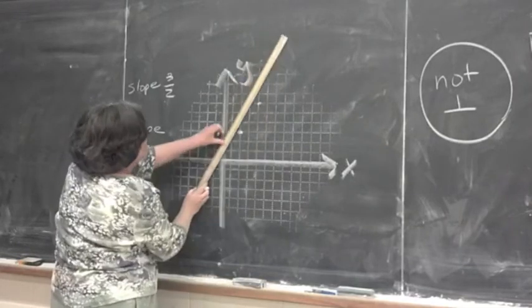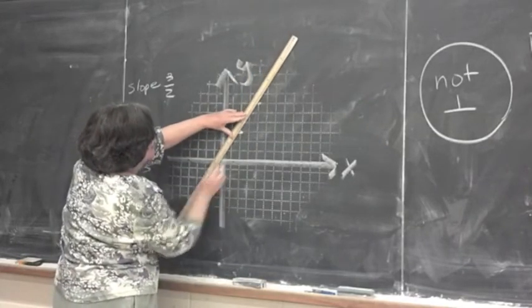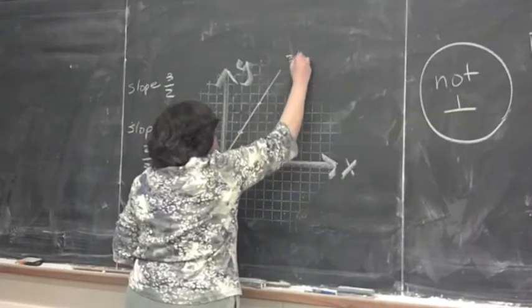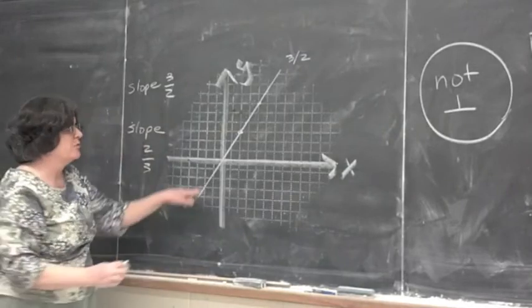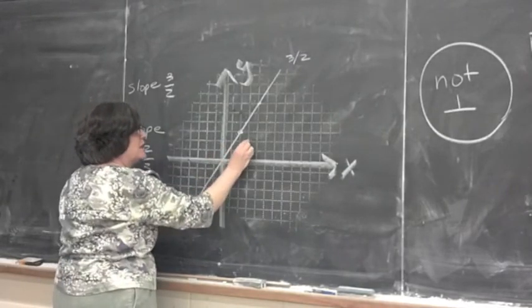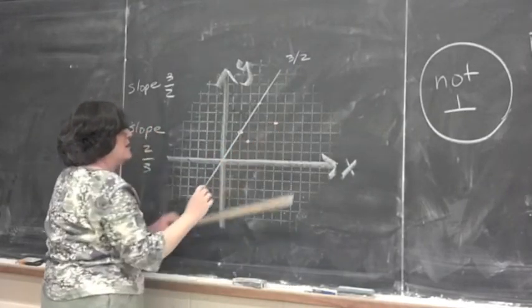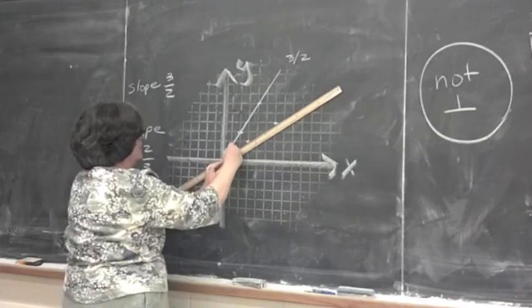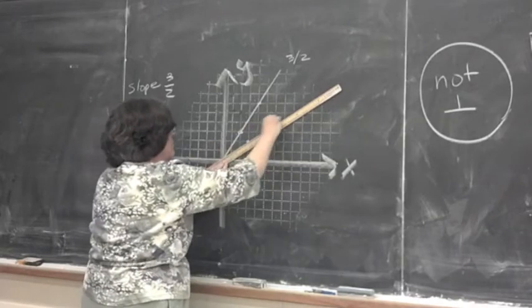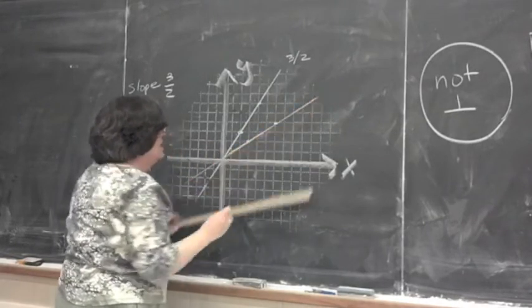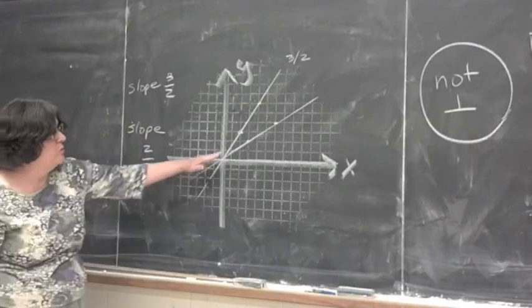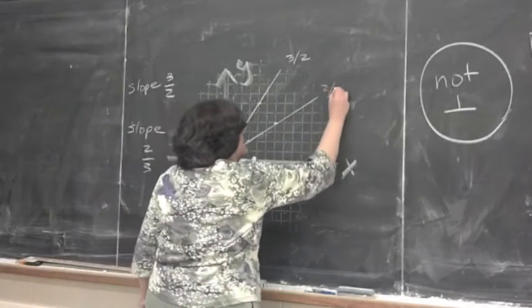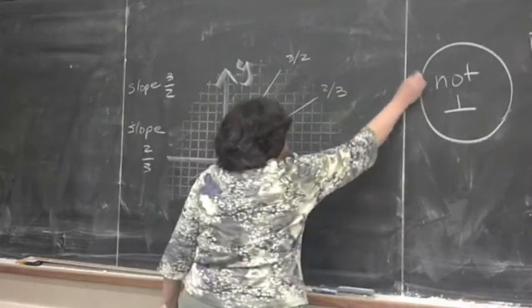We've got a few of those guys. Here's that line. That one's 3/2. Here comes up 2/3, up 2/3, up 2/3. The numbers are the same, but I don't think anyone would say, if I got my protractor up off the floor and measured this, it's not going to be 90 degrees. You can see visually here, these are still not perpendicular.